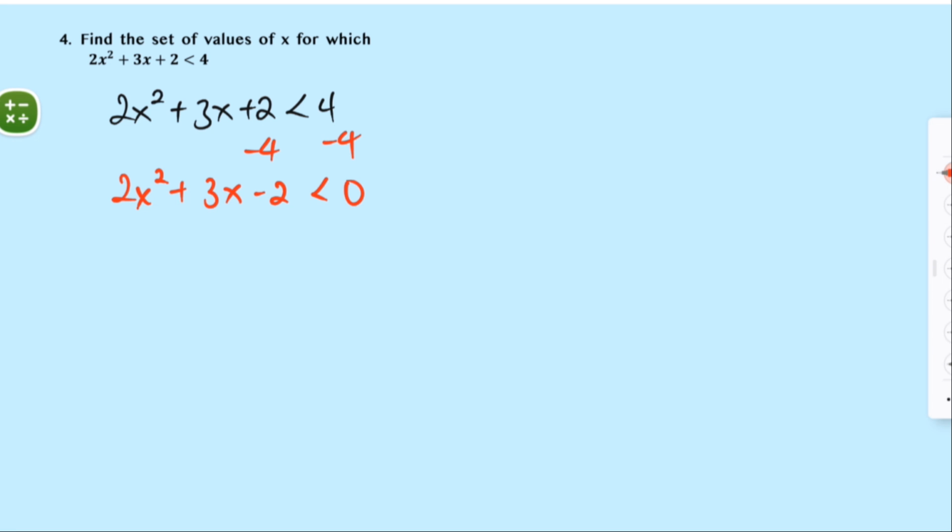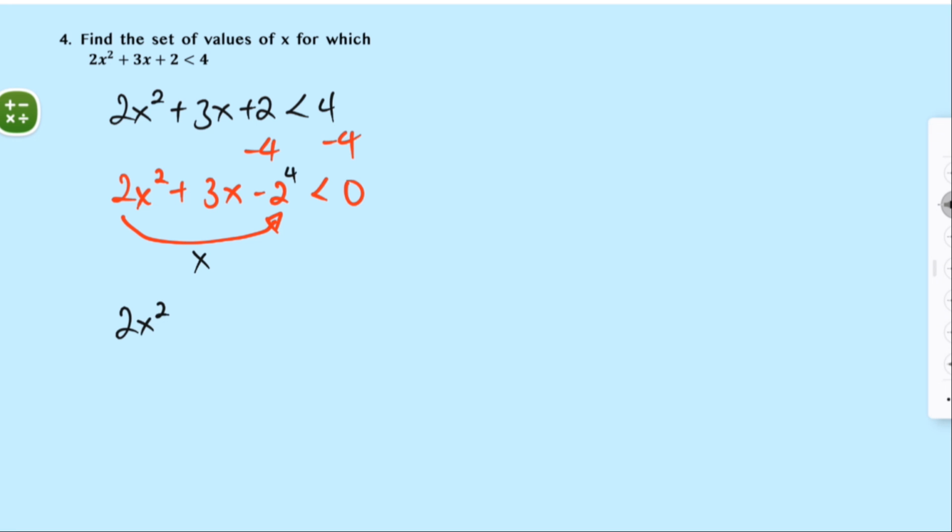Now you can either use the quadratic formula here or the factor method. So I'm just going to use the factor method. I am going to have to multiply the 2 by this negative 2 since the coefficient of x squared is not 1. After I multiply these two together, I will get a negative 4.